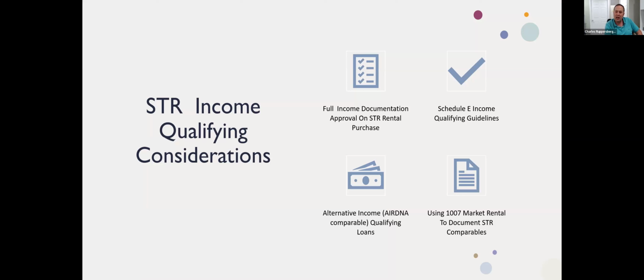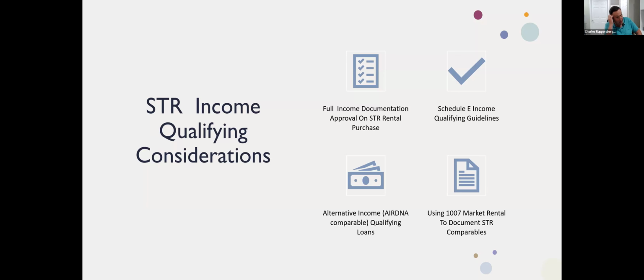If you're going for a full income loan, you're looking at the Schedule E on the tax returns if you have real estate properties. If you're buying a new property, you're not going to be able to use the Schedule E to qualify, so you typically qualify with what's called a 1007.